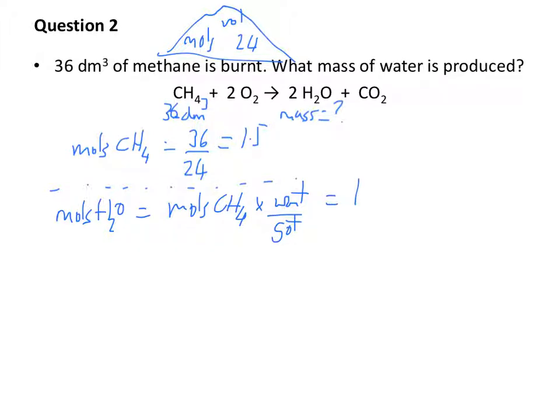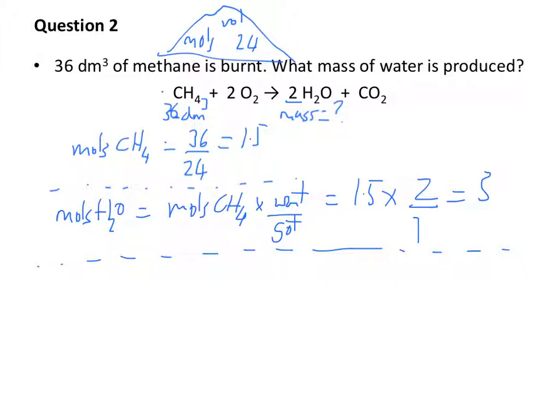So that's 1.5 times the substance we want, so our want number is the 2 here. The substance we got was the methane, and that number there, well, we haven't written the number, so it must be 1. So 1.5 times 2 is 3. End of stage 2.